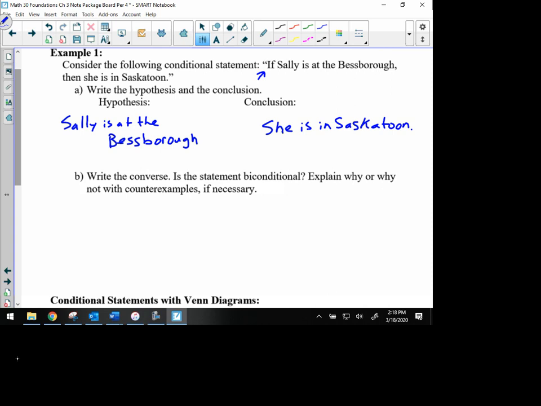And so all we're going to do for the converse is actually switch that around. So we're going to write if, and then the conclusion of the previous statement is now going to be our hypothesis. So if Sally is in Saskatoon, there's the conclusion of the previous, now our hypothesis. Then she is at the Besborough.